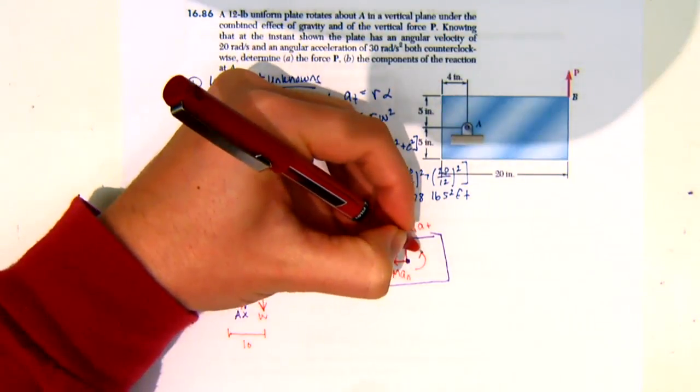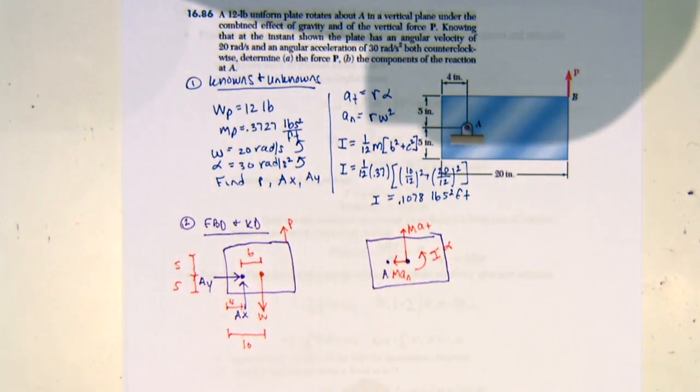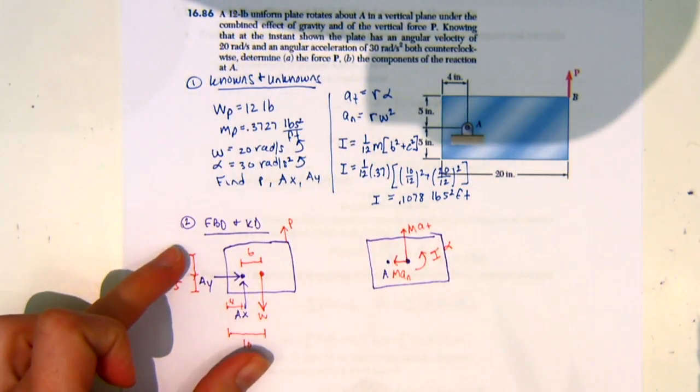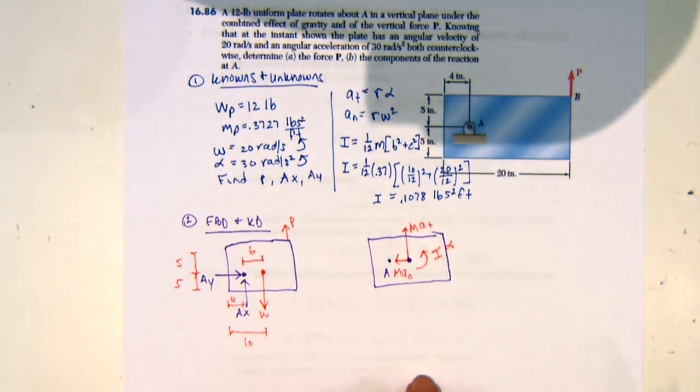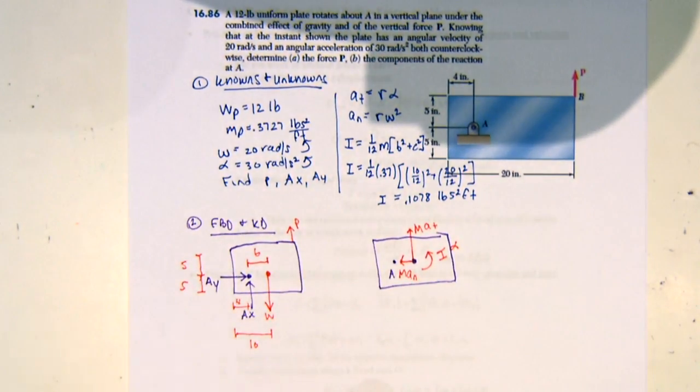And then I'm going to have my I alpha. And so now it's just a matter of our equations of equilibrium. So we're going to equate the forces that are occurring on this side to this side, and we're going to equate the moment on this side to this side. And that's all we do.